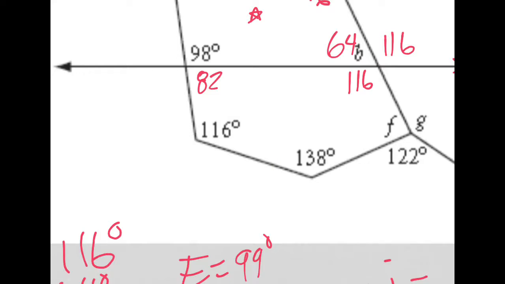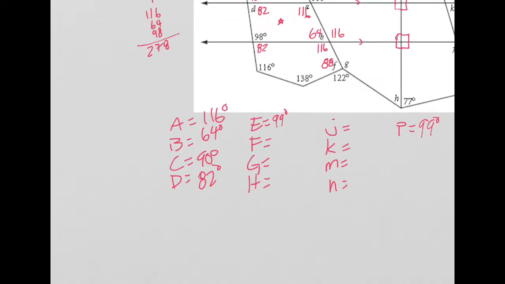A 5-sided shape is going to have n minus 2, which is 3, times 180 degrees, so it's going to have 540 degrees on its interior. So 540 minus 82 minus 116 minus 138 minus that other 116 gives you 88. So F has to be 88 degrees. So boom, boom, boom. There's another one.